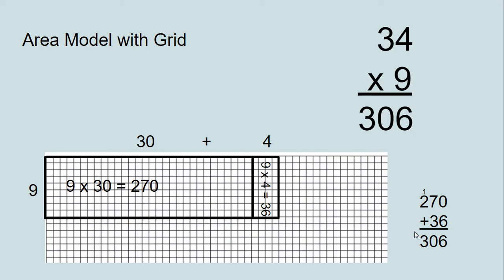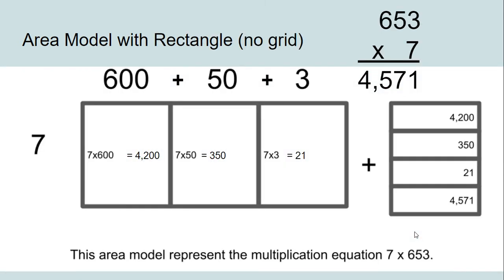Now, if you can do an area model with a grid, then you can do an area model with no grid, just by drawing a rectangle. Now I have this rectangle, and I'm going to represent 653 times 7. Once again, I'm going to take the expanded form of 653, and I'll do 600 plus 50 plus 3.